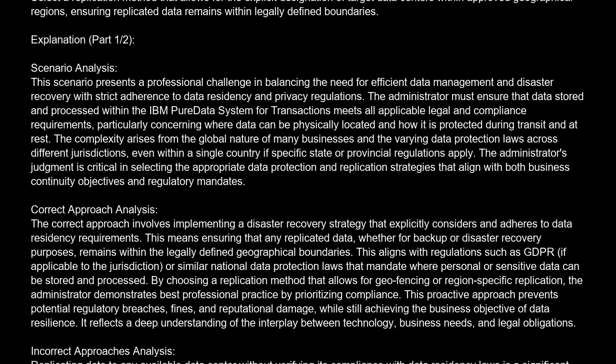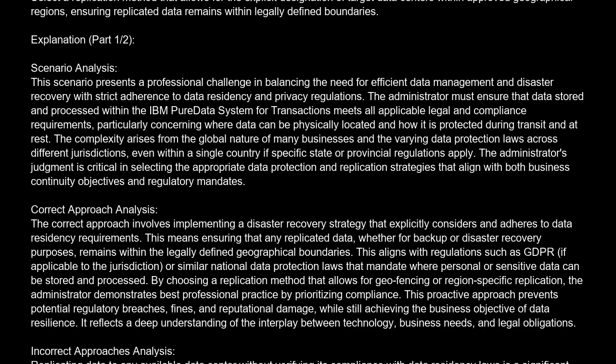Explanation. Scenario analysis. This scenario presents a professional challenge in balancing the need for efficient data management and disaster recovery with strict adherence to data residency and privacy regulations. The administrator must ensure that data stored and processed within the IBM PureData system for transactions meets all applicable legal and compliance requirements, particularly concerning where data can be physically located and how it is protected during transit and at rest.